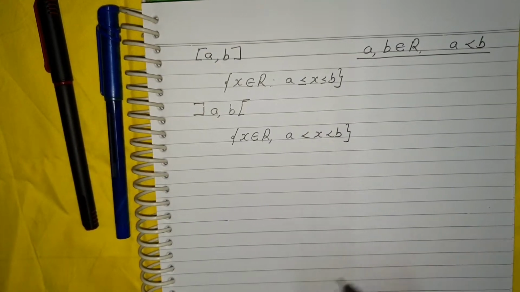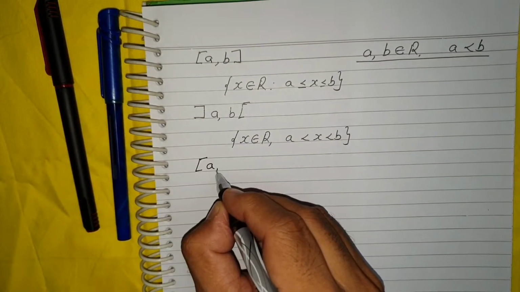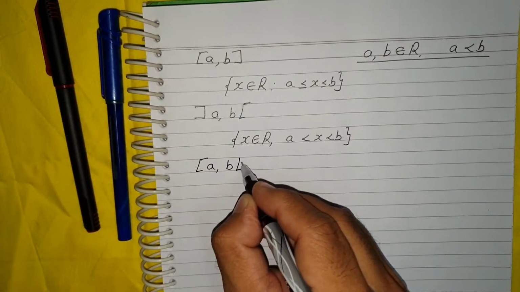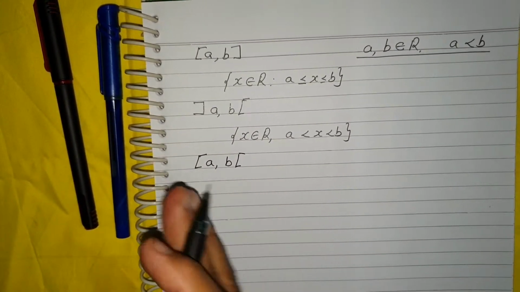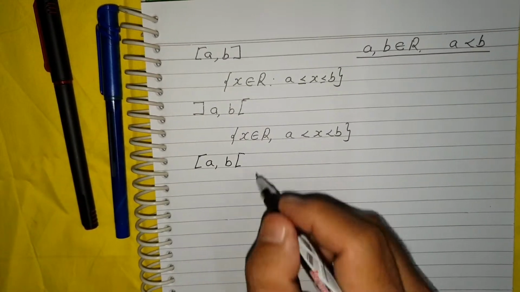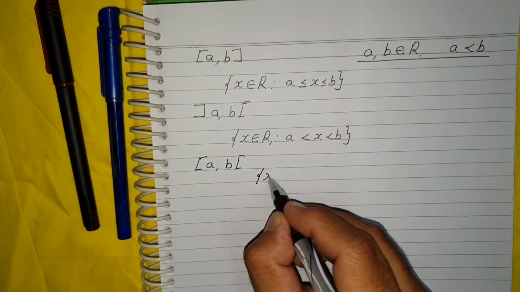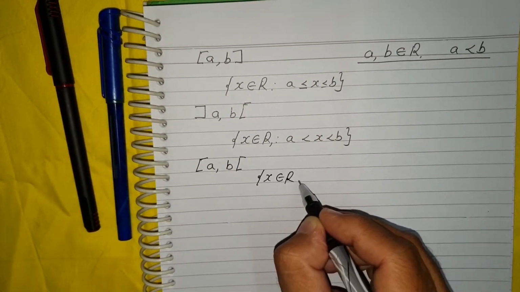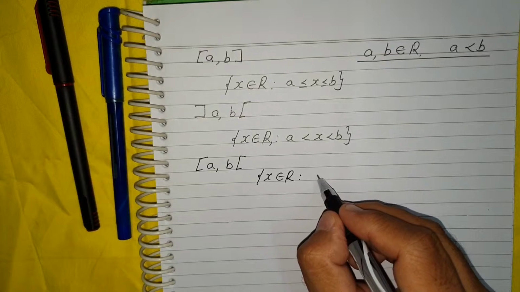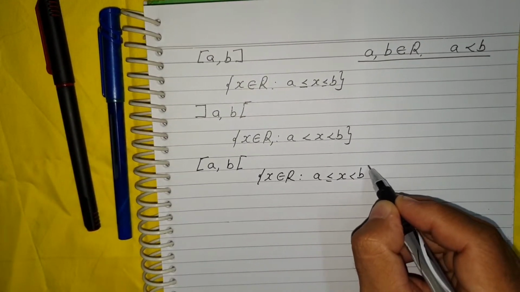Now, the right half open interval will be like this, [a, b). This is the right half open interval. So you write this as x belongs to R such that a is less than or equal to x but less than b.